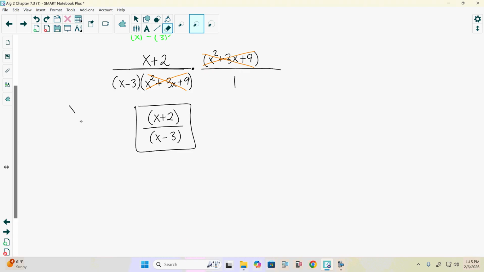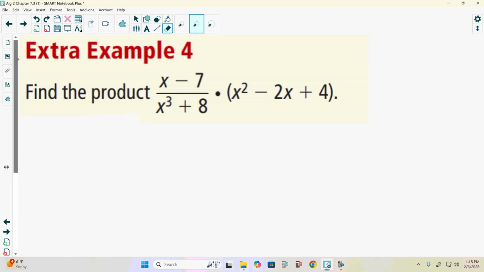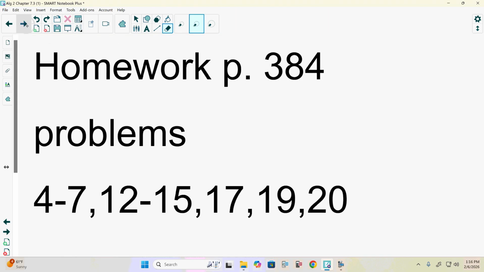The only one that, if we were to list it, would be x cannot be 3. It's already there. Questions? We feel comfortable with these here? Because this ends up being x minus 7 over x plus 2. That's actually it.